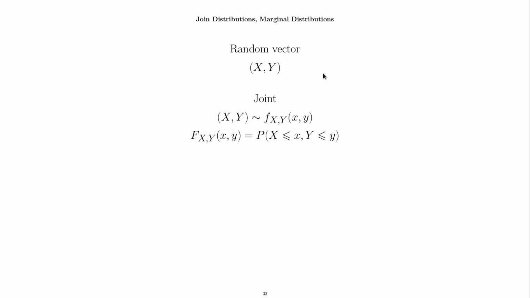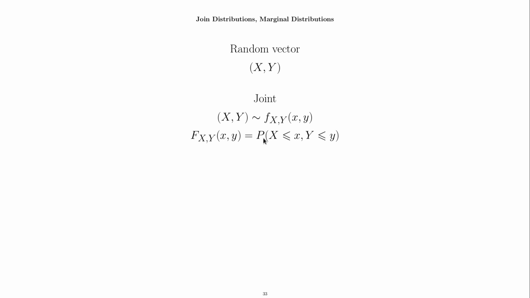So let's back up here and say, most times we don't just measure one thing at a time. We measure multiple things about nature at the same time, and we want to know how to model those things together. So we have x, y is distributed as little f of xy of x, y, and that's the probability density function, or the joint probability density function, and this would be a joint cumulative distribution function, capital F of xy of x, y.